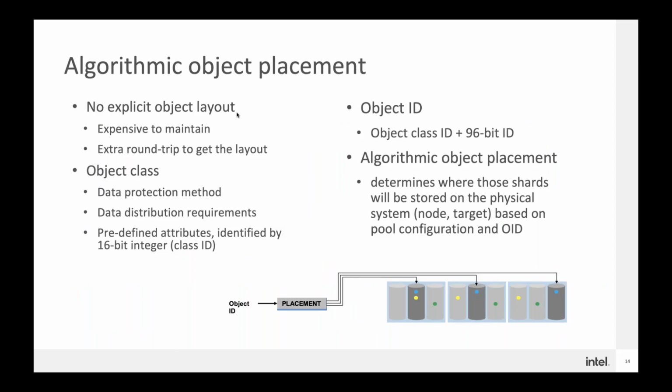DAOS only has a flat object ID space, and DAOS does not store the layout of objects. Instead, DAOS uses a pseudo-random-based algorithm which takes an object ID as an input parameter to compute the object layout, meaning the locality of the object data.